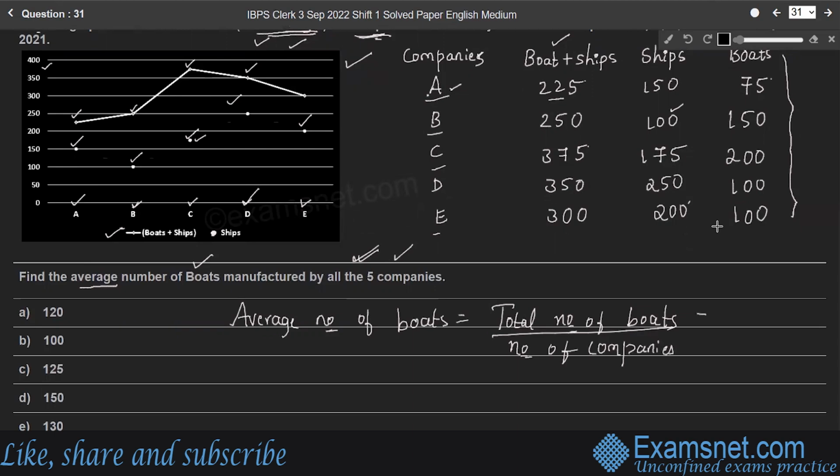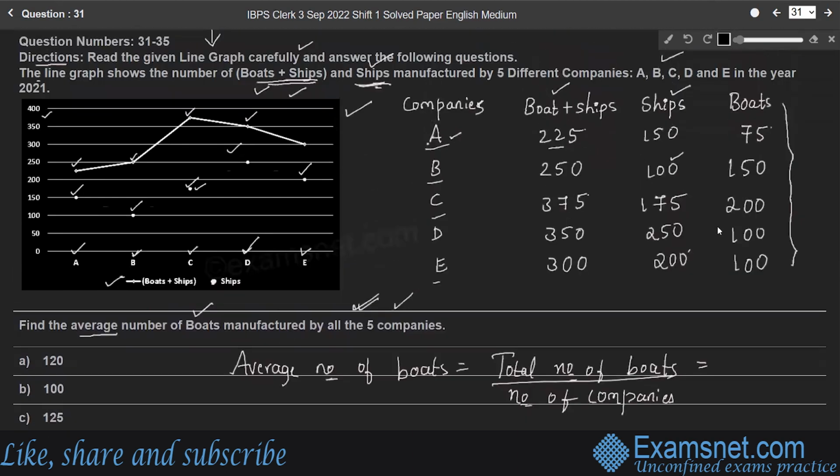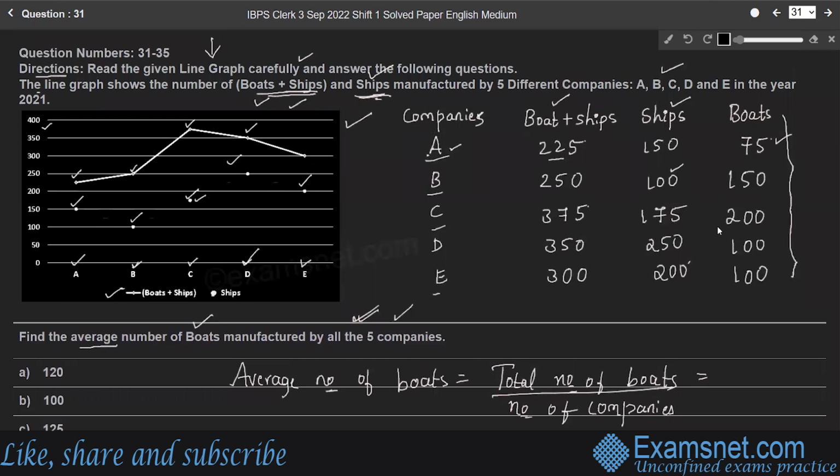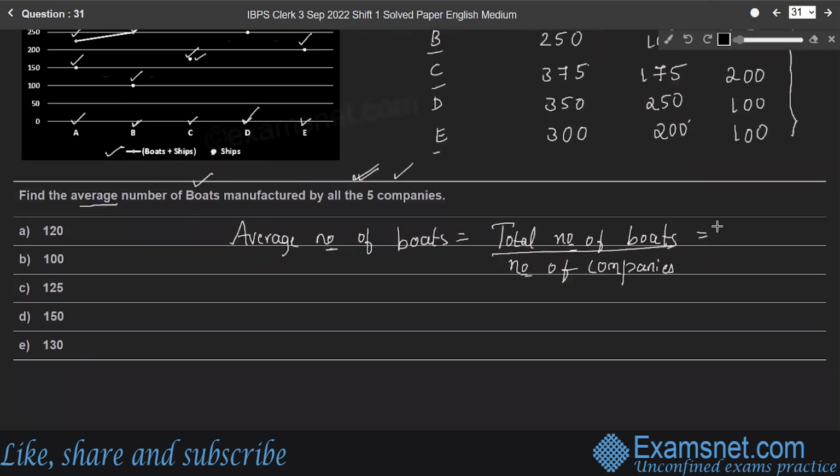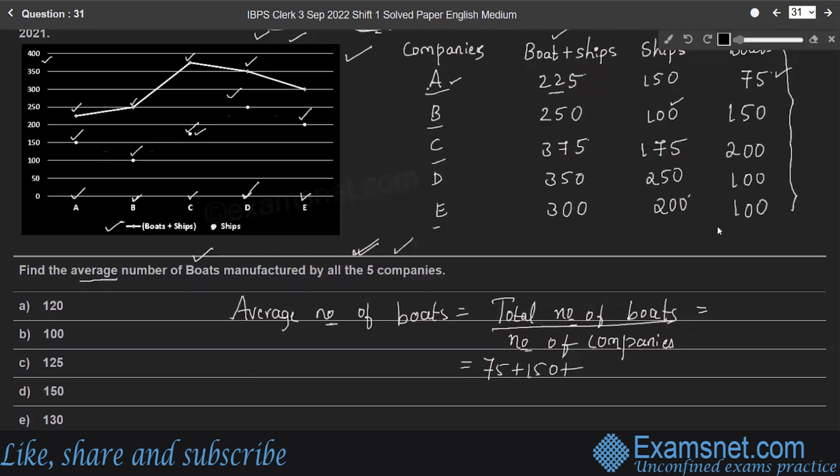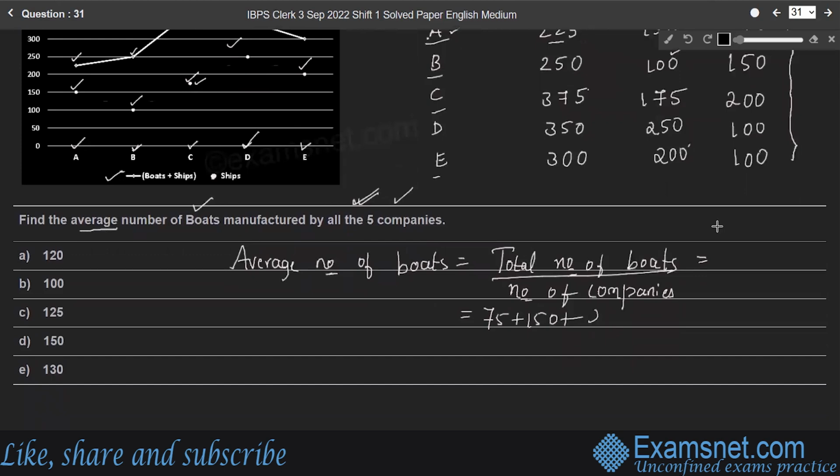So what is the total number of boats here? We have to add all these numbers: 75 plus 150 plus 200 boats manufactured by C, 100 boats by D and 100 boats by E, whole divided by 5, the number of companies.